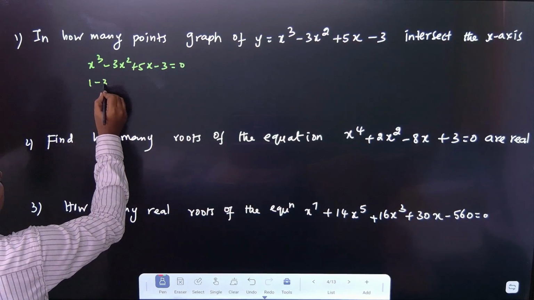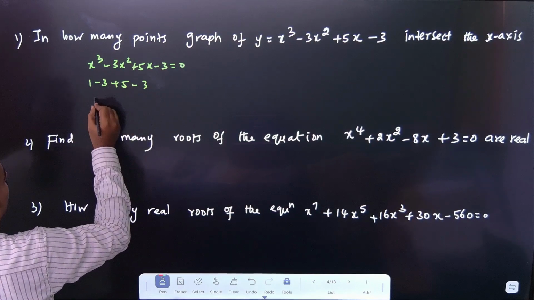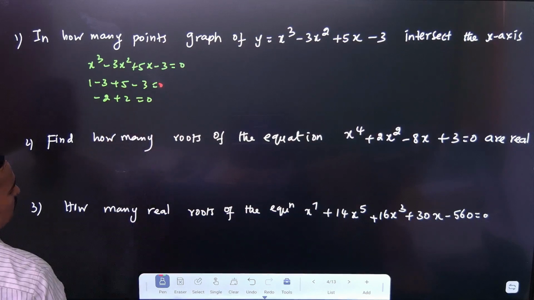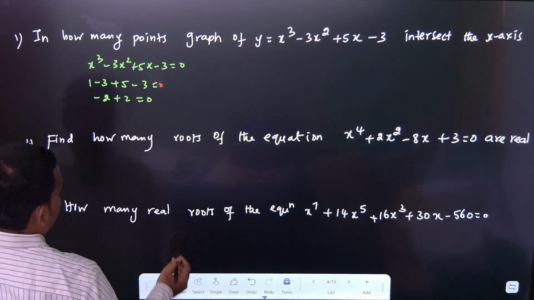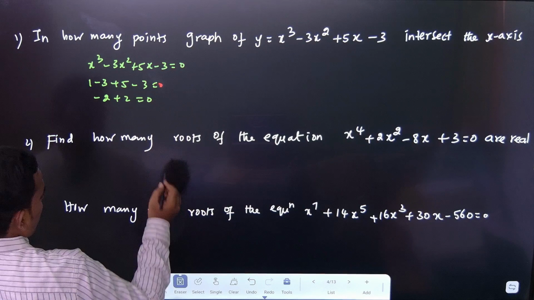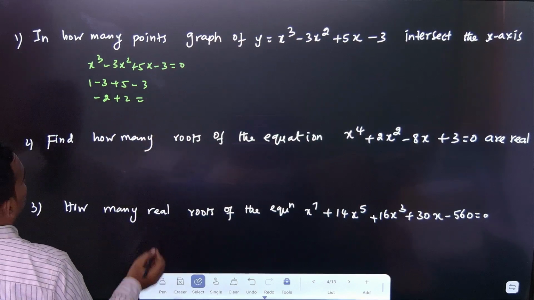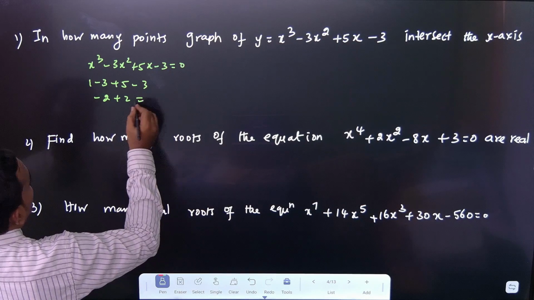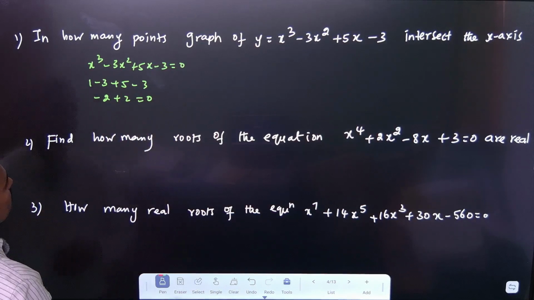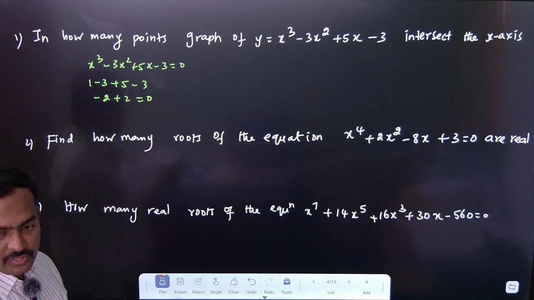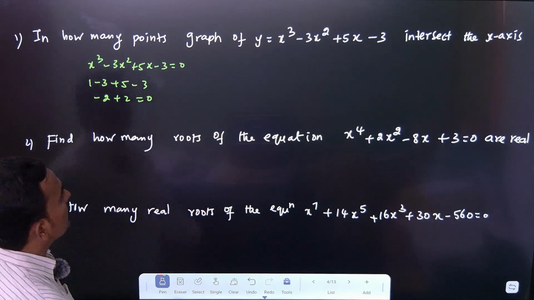You can see 1 minus 3 plus 5 minus 3. So minus 2 plus 2, it is 0, right? The sum of the coefficients is 0, which means 1 is always a root.